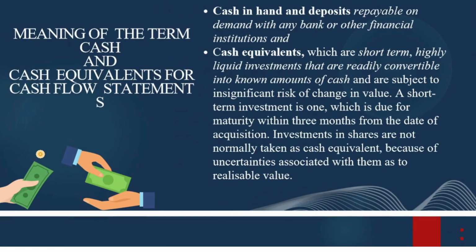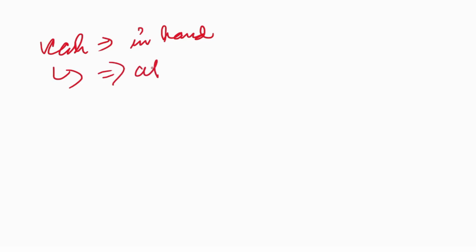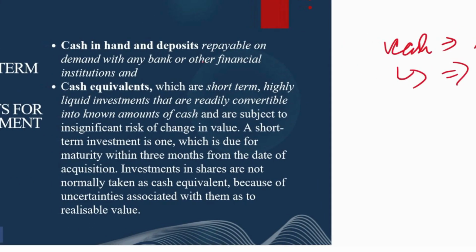Now let's move to certain terms that you have to understand before moving ahead. If I say cash, what must be coming to your mind is the cash in hand, right? But in accounting, we include cash in hand as well as cash at bank, which you can demand from any bank or institution that you have deposited, like demand deposits.